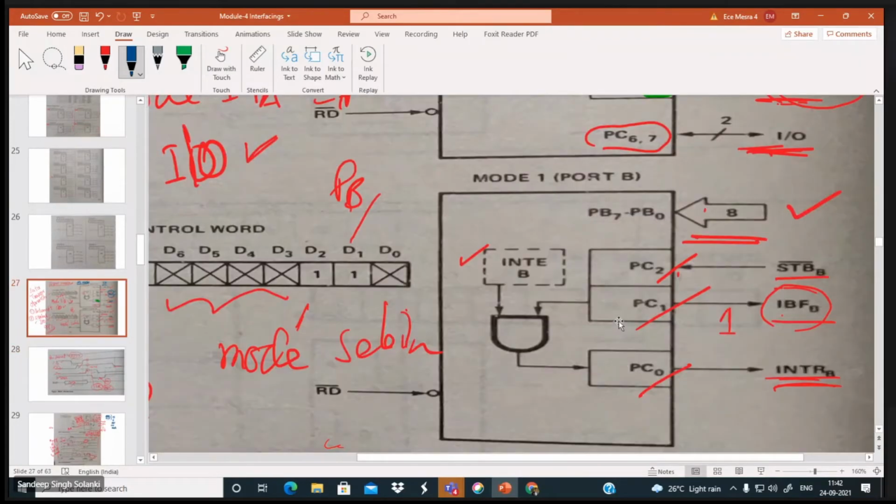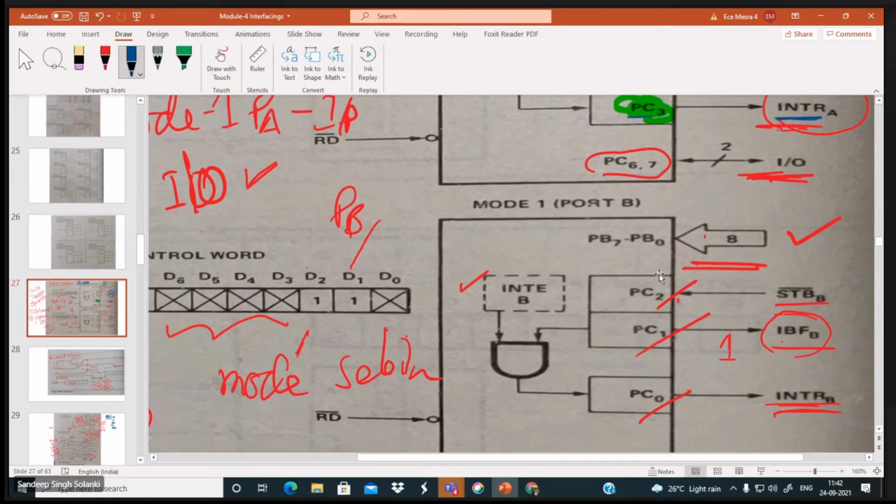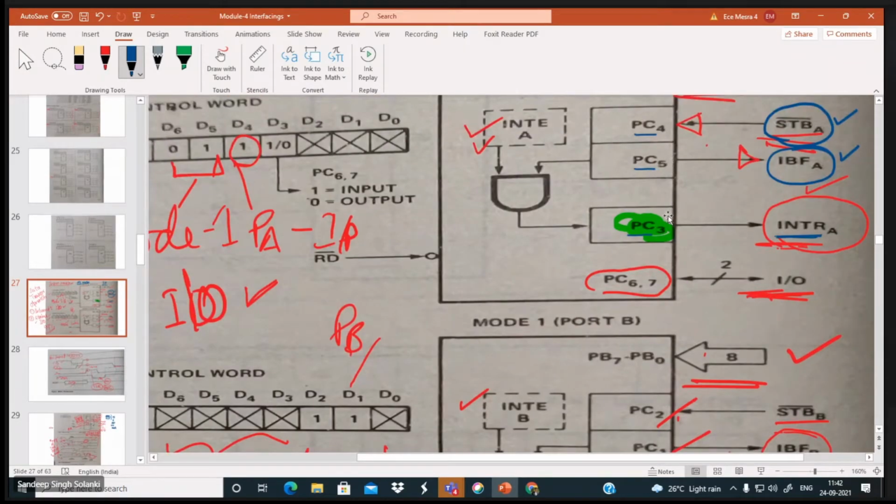And here you see PC0 INTR B, PC1, PC2. PC1 is for IBF, PC2 is for STB. Remember 0, 1, 2 here, and then 3, 4, 5. Are you getting what I am saying? Yes, sir. It is important to know which pin is meant for that purpose.